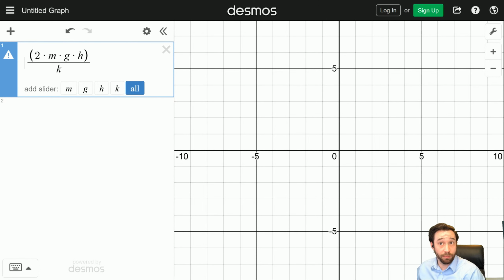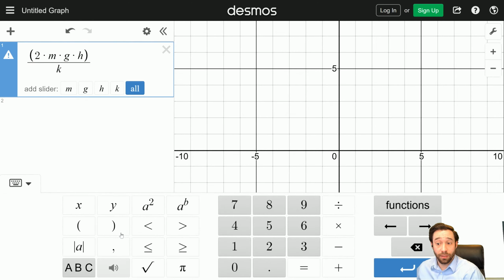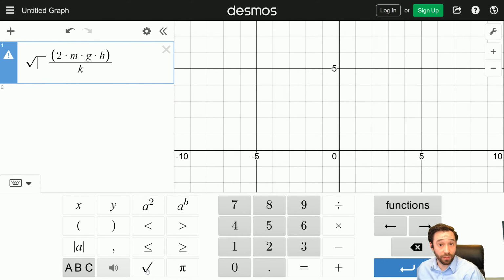So what we need to do, you're going to click before this fraction. You're going to put a radical in there. And what you can do is click in between the radical and the fraction. You're going to select the entire fraction like this. Then you're going to cut and then paste inside where this gray box is.